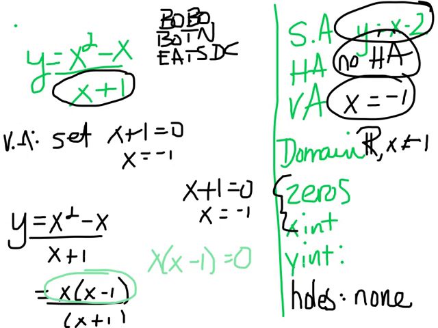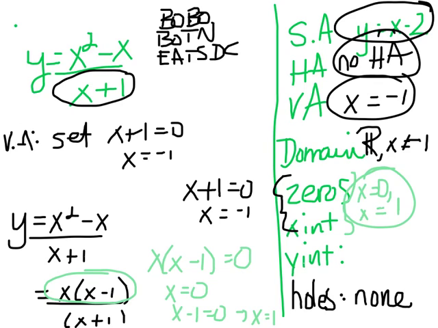If two things multiply to get 0, you can set each factor equal to 0, because one of the two factors has to be 0. So either x equals 0 or x minus 1 equals 0, which gives us x equals 1. So my zeros are x equals 0 and x equals 1, and that's the same thing as my x-intercepts, so I'm just going to count it for both.